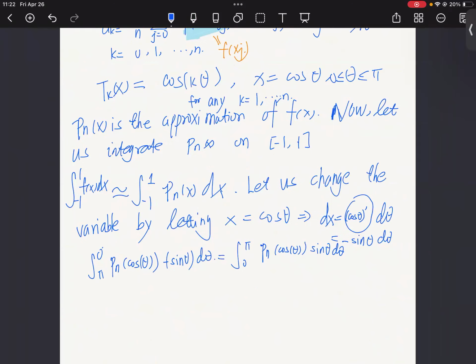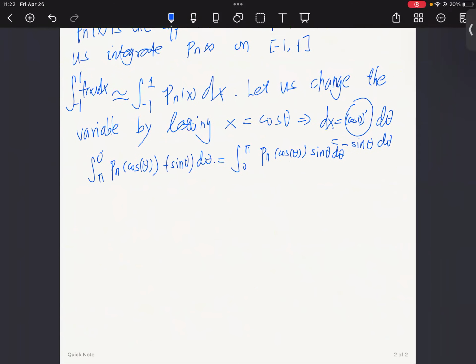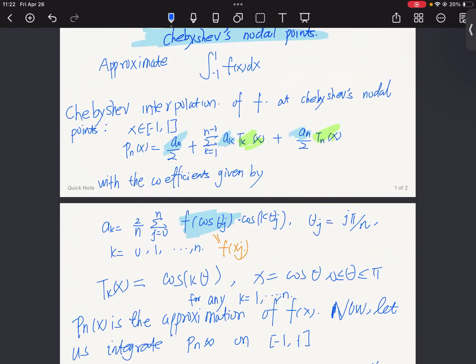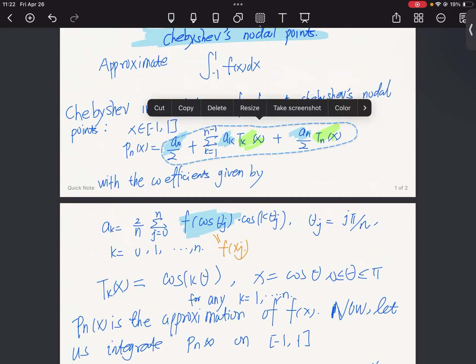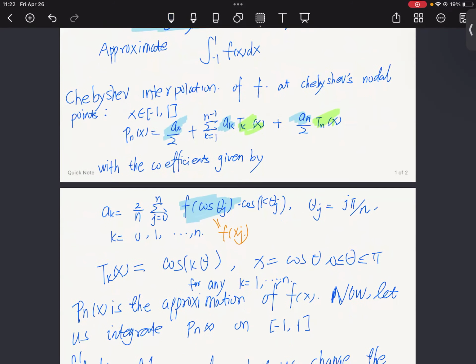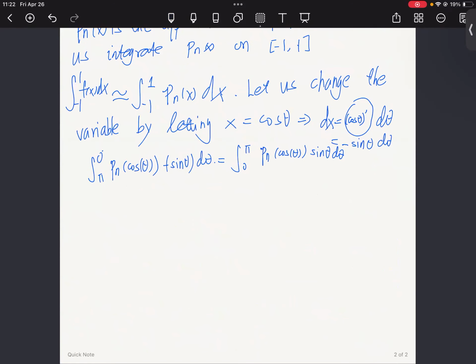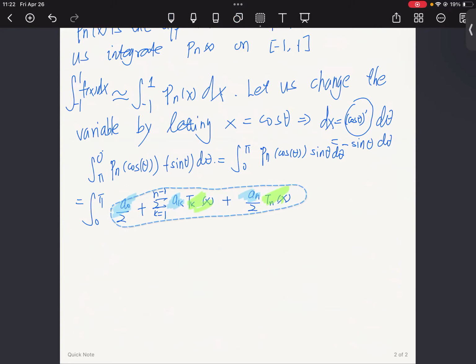Okay, good. So let's get back to the integration here. And what do we have here? The Pn(theta), sine theta. The Pn(cosine theta), I'm going to move this down. I have Tn(x). So I'm going to have 0 to pi, and then the Pn(x) here, and the Pn(x) looks like this. And then what is Tk(x)?